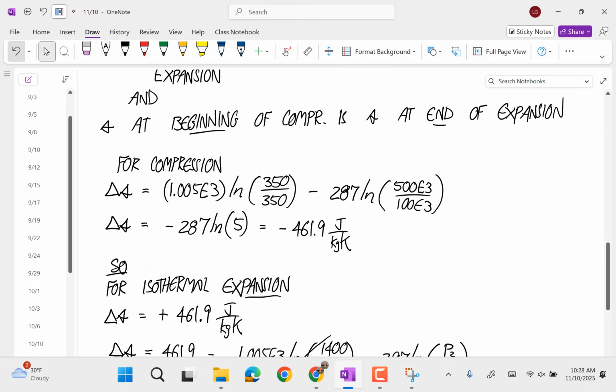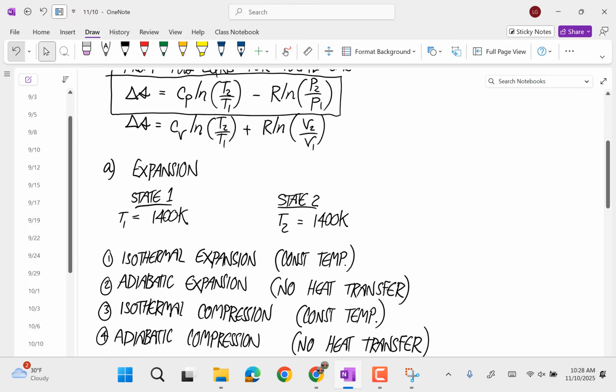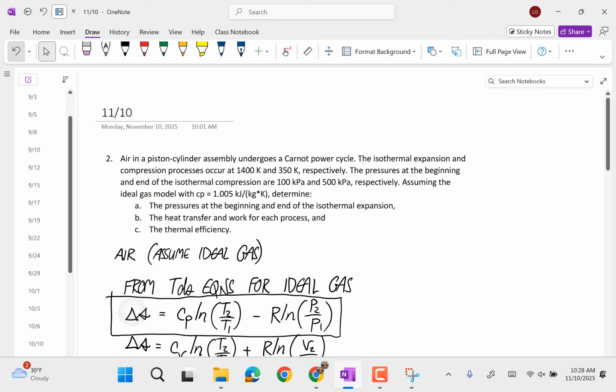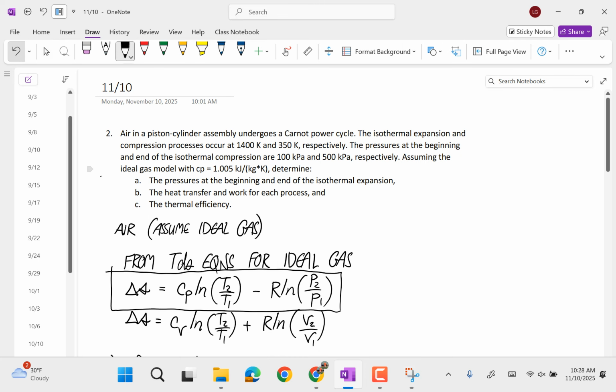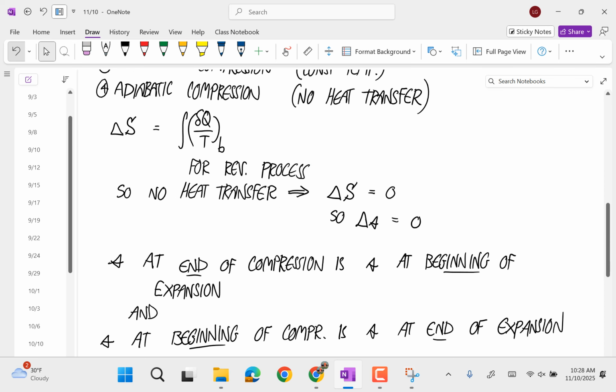I'm just gonna call it here. This problem asks you to do stuff that I didn't really prepare you for, and I'm not sure there's enough information here to solve it.